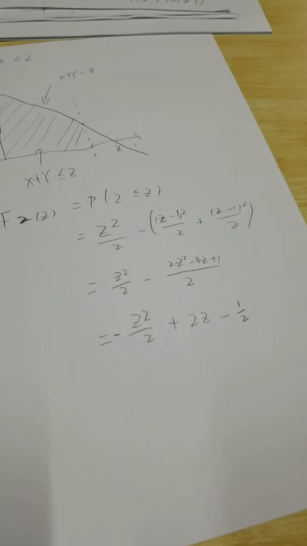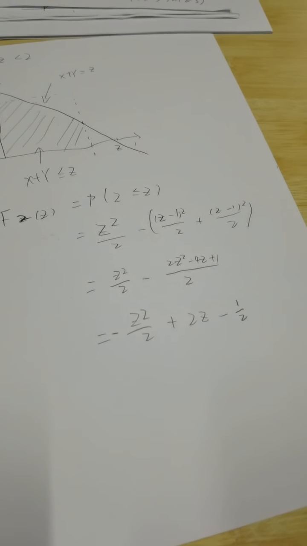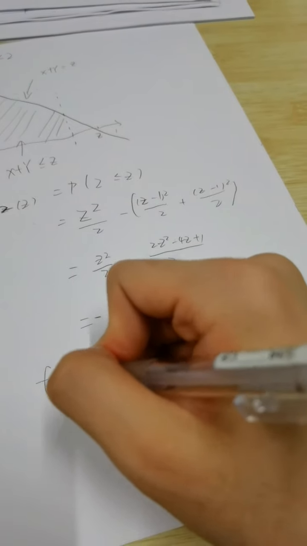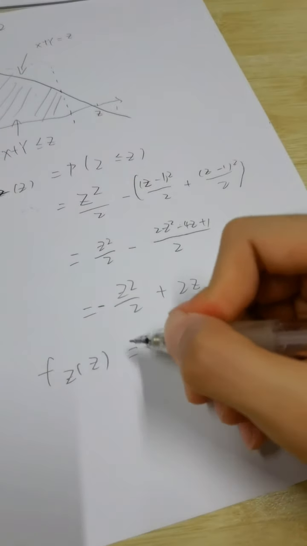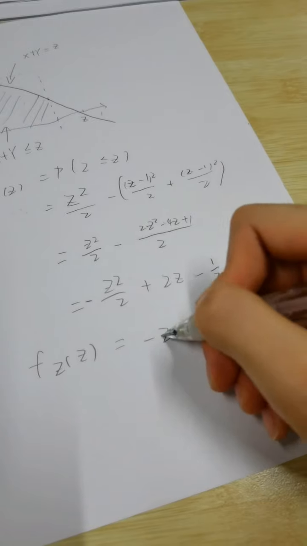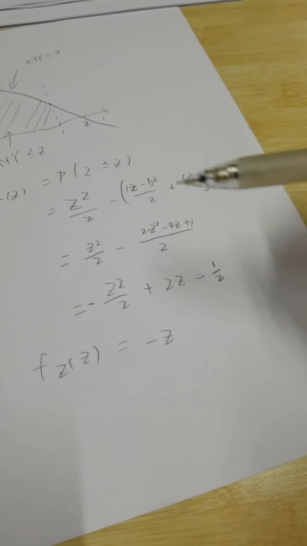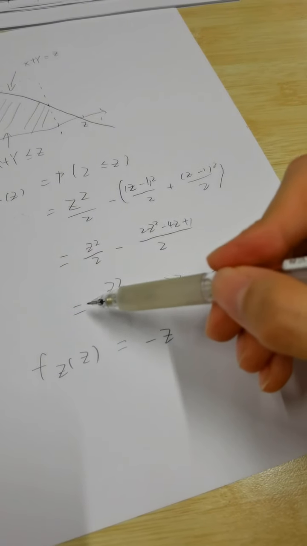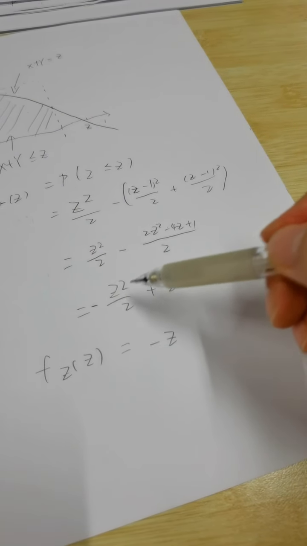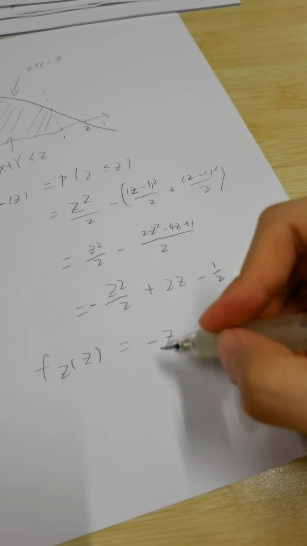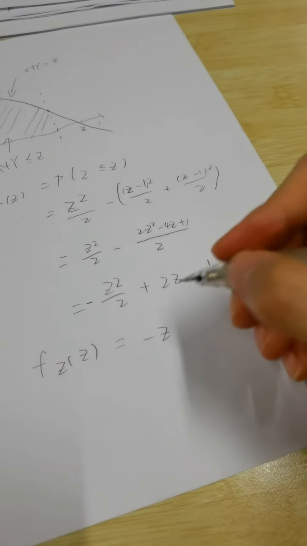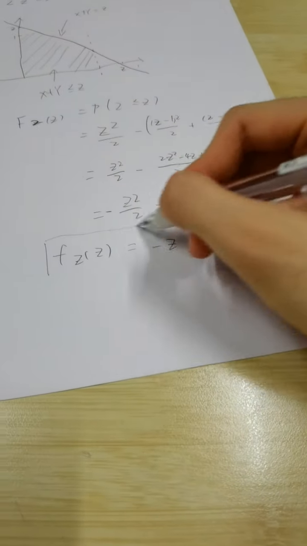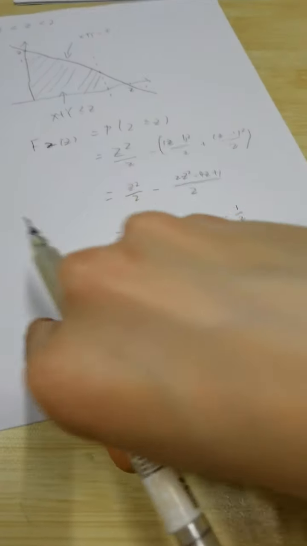After that, we can take the derivative of this one to get the density function, which is equal to minus z, because we take the derivative of this part, minus 1 divided by 2 times 2 times z. So just minus z plus 2 from here. This one is 0. So this is 1 to 2.